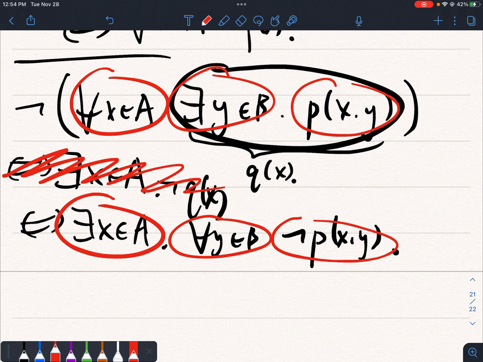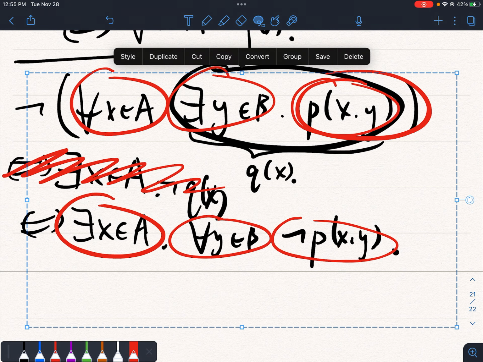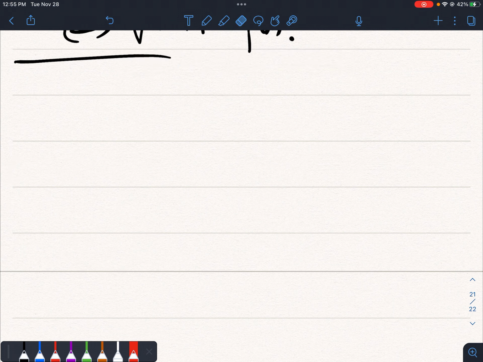All we need to do is swap or flip all the quantifiers and then put a negation on the last one.